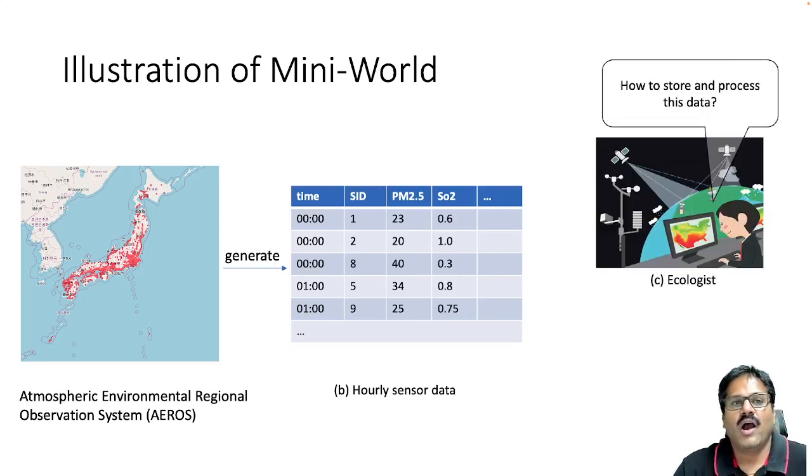Now assume we have an ecologist who wants to store this data and process it. This is the task. People in Japan are suffering from bad air pollution, so to tackle this problem, a sensor network has been developed, collecting the pollution levels at hourly intervals every day.